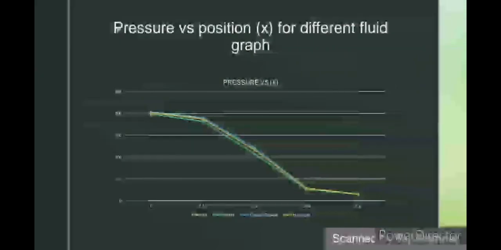The lines in the graph which represent each type of fluid move along close to each other from 0 to 0.6 meter. This means there is not much difference in pressure change between all four fluids throughout the event.